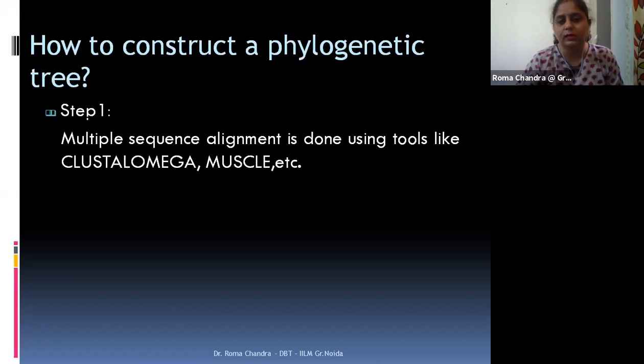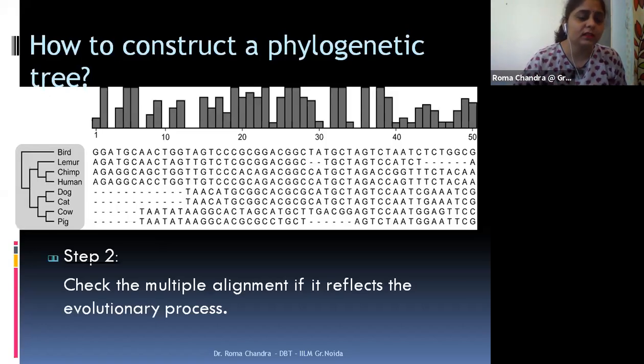All these tools will help you with the process of alignment. All the sequences which you enter as input will be aligned, and the tool will try to find the best possible similar regions for all these sequences. For example, the sequences for bird, lemur, chimp, human, dog, cat, cow and pig were all taken up, and when they were pasted into one of the tools, the result was like this.